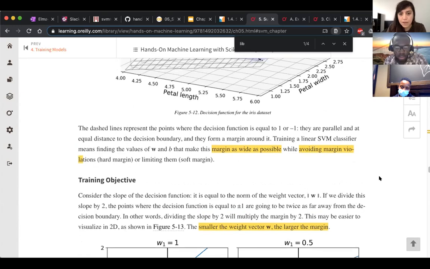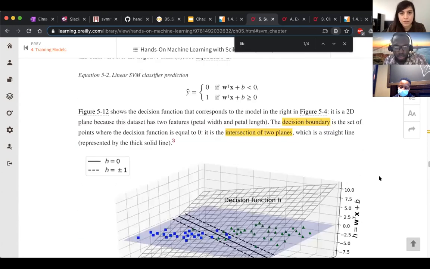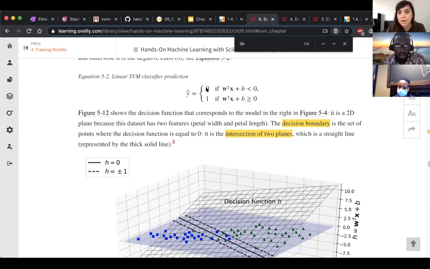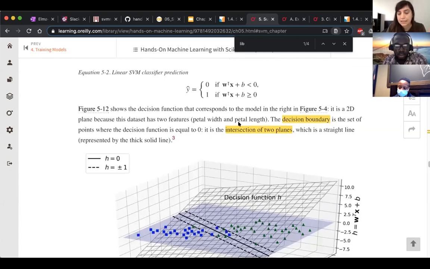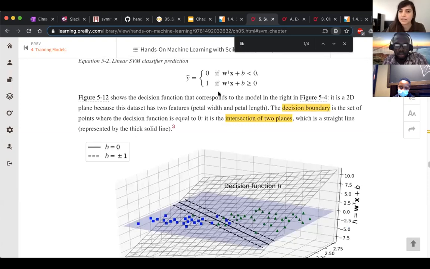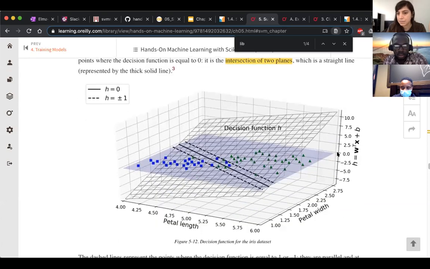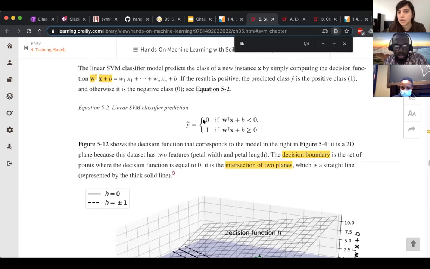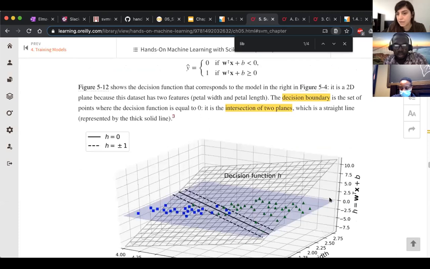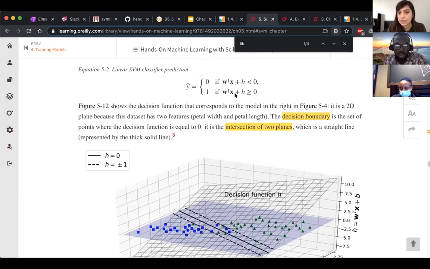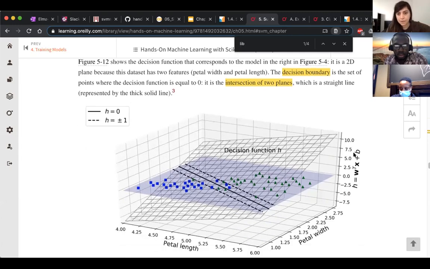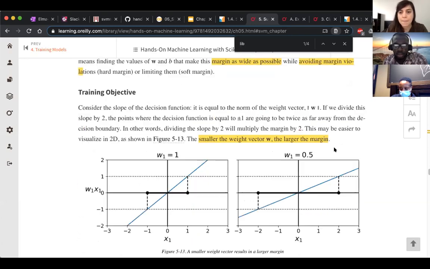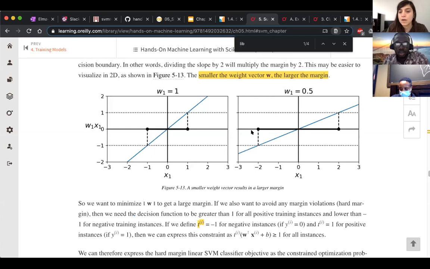So our prediction is that if this function is negative, it's the other class that we're not interested in, so we're giving it 0. If it's positive, it's in our desired target class, and this will be output as 1.